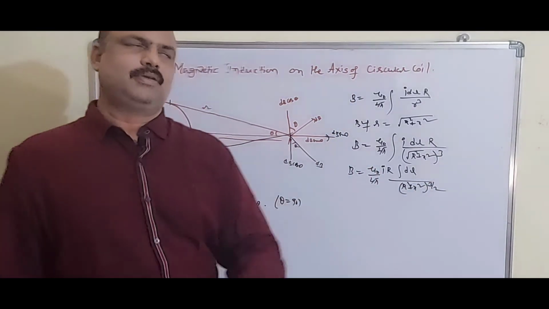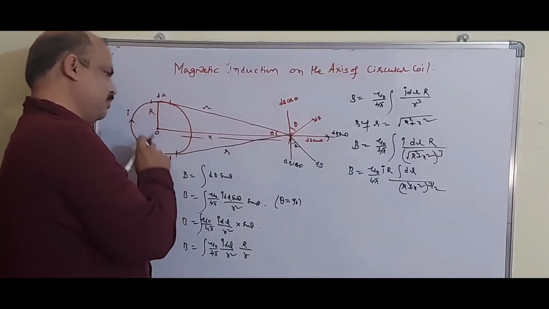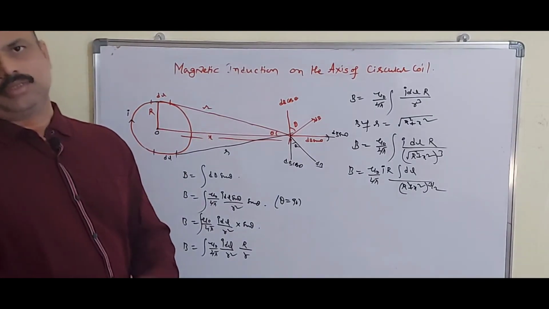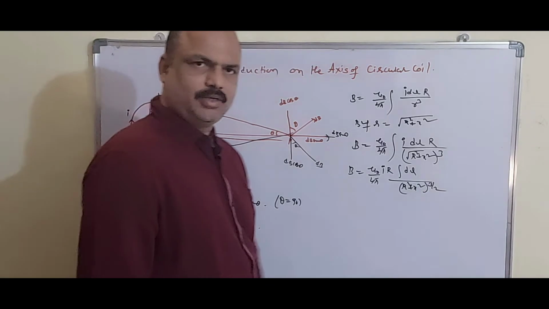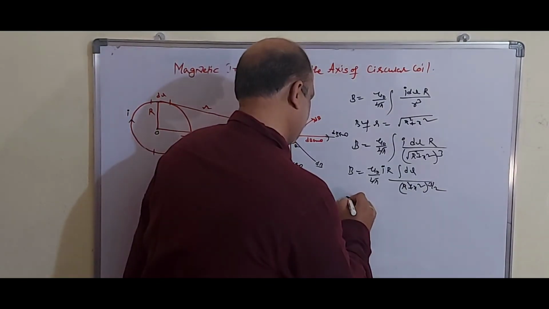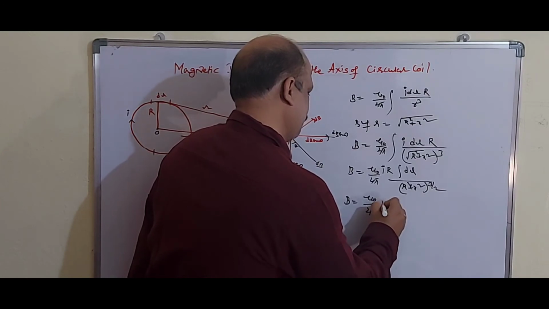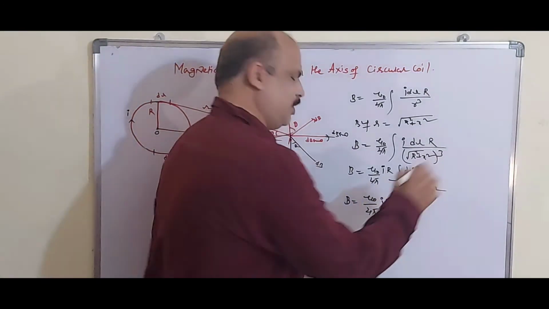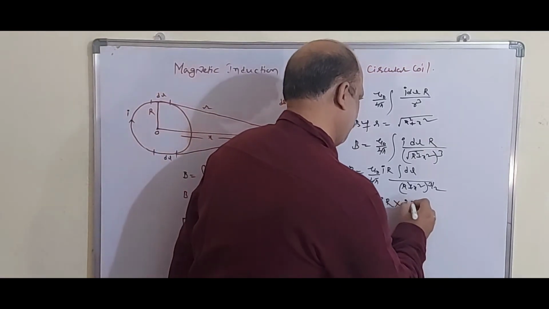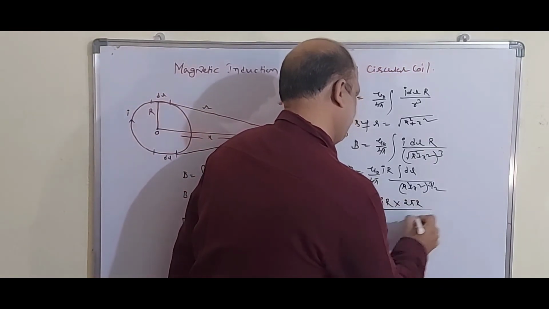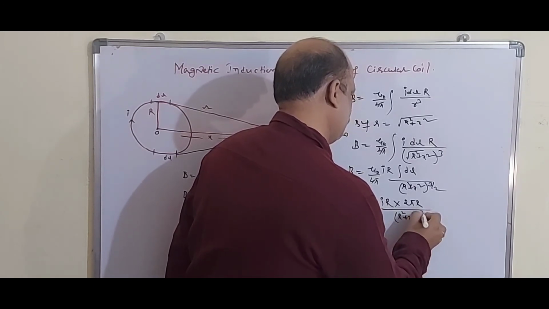When we add these small elements throughout the circle, we get the circumference of the circle, that is 2 pi R.